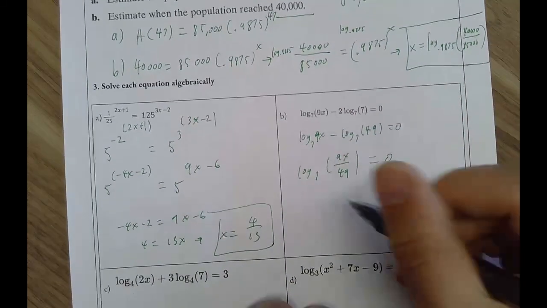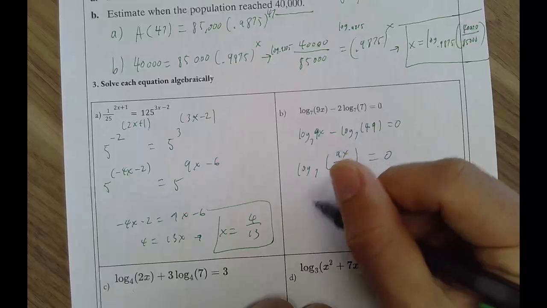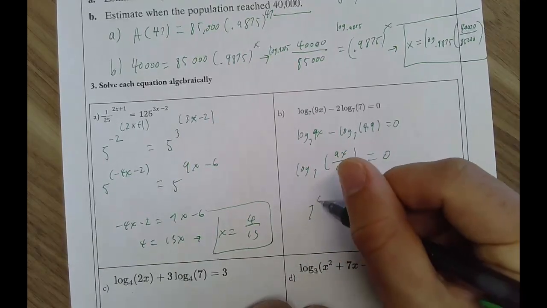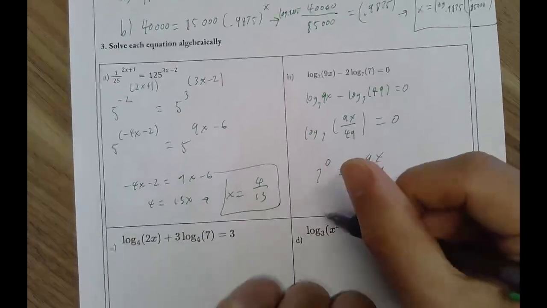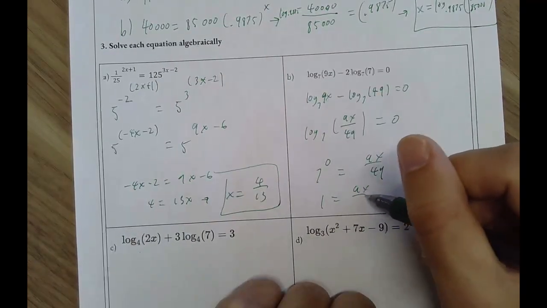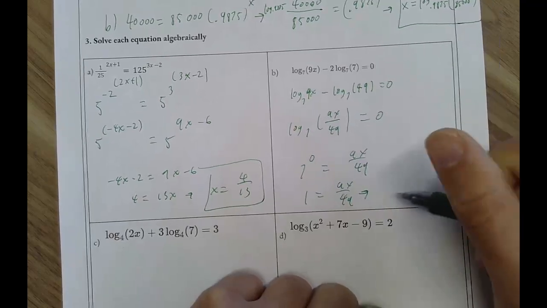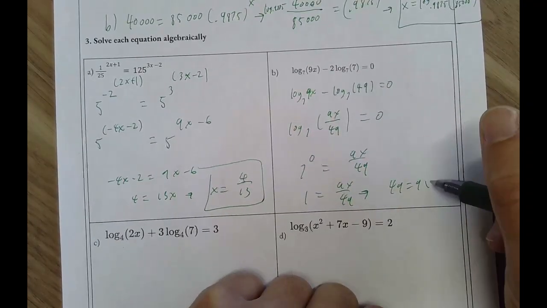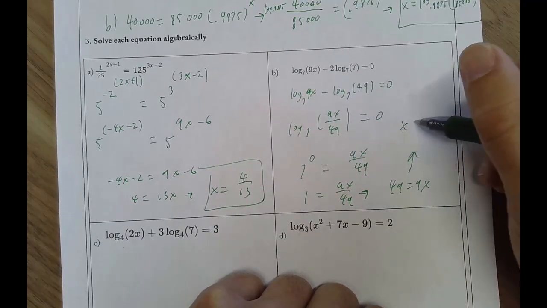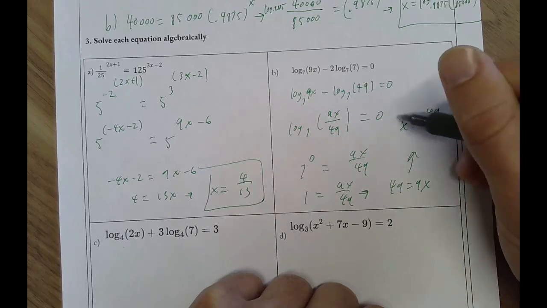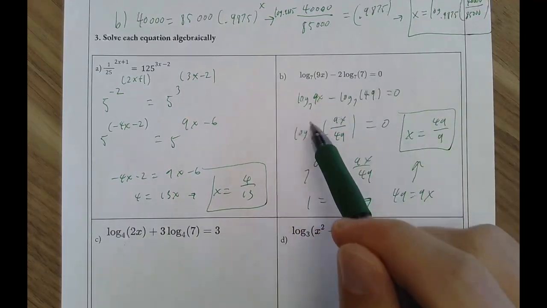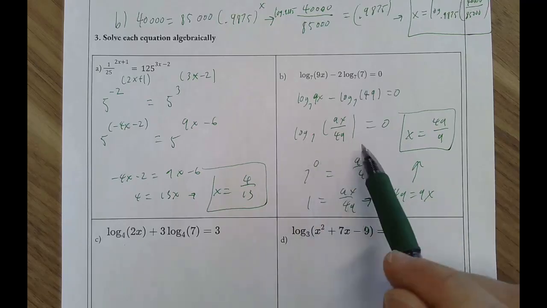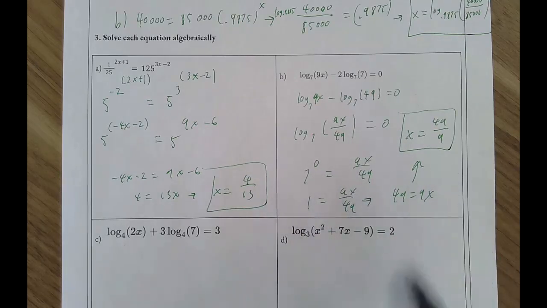Then I can rewrite this as an exponent: 7 to the 0 equals 9x over 49. That means 1 equals 9x over 49, so 49 equals 9x, which means x equals 49 over 9. So you combine the logs, convert into an exponent, and then solve for x.